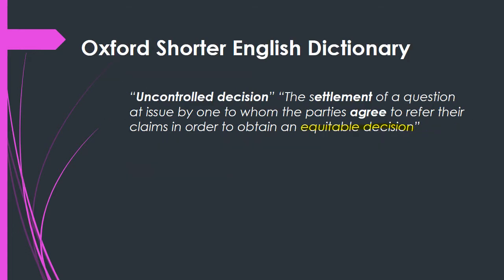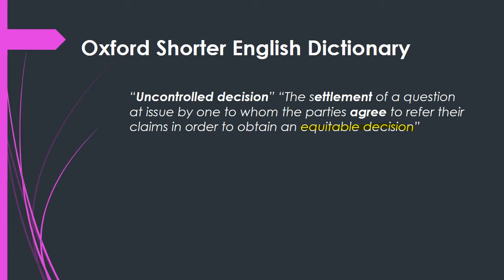Now the Oxford Shorter English Dictionary simply says that arbitration is uncontrolled decision, the settlement of a question at issue by one to whom the parties agree to refer their claims in order to obtain an equitable decision. Short, to the point, fine, but how many features of arbitration are covered in this definition?